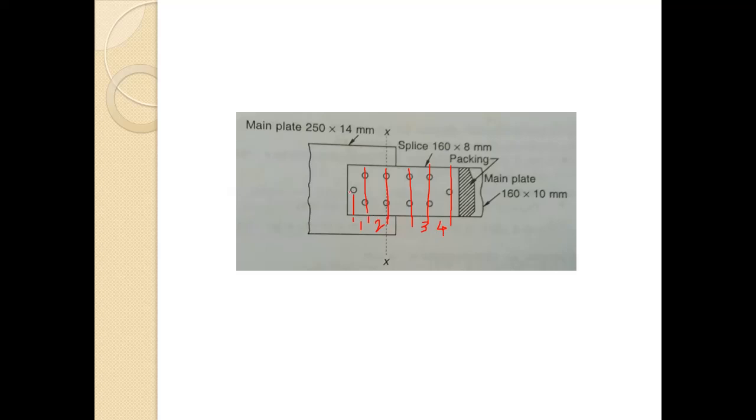Now the edge distances. This is one edge distance, in between these two. This is the first edge distance. Here another edge distance is there. In the same way, in these two there is another edge distance. This is the third, and here at last we are having the fourth edge distance, which we are providing as 30 mm.